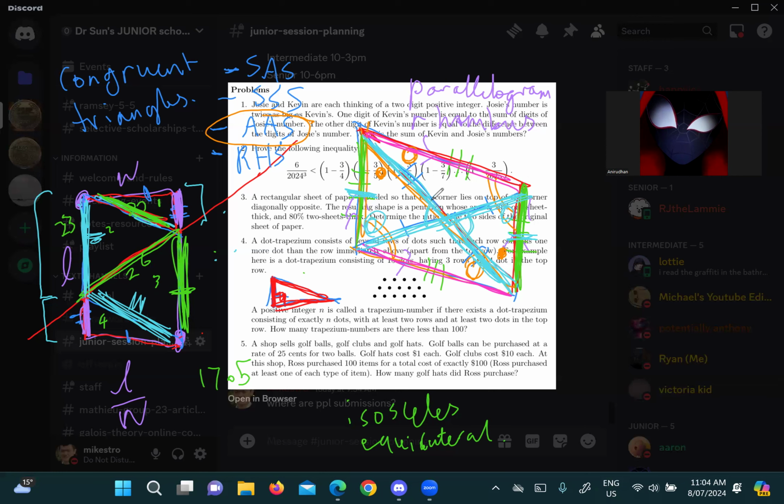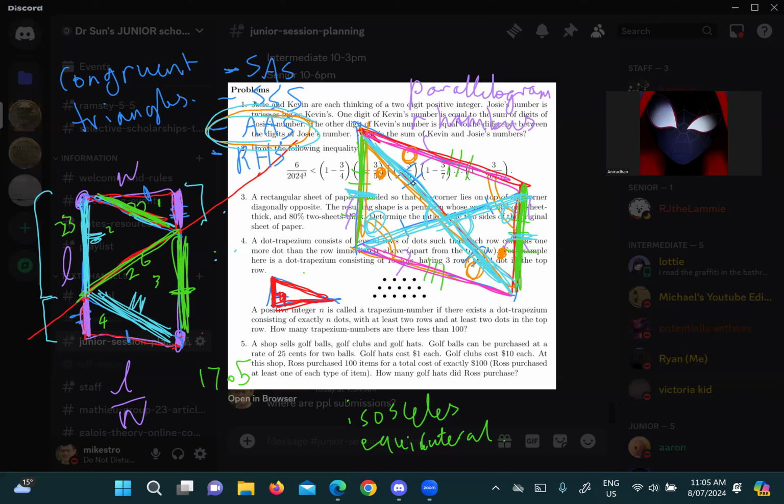That means the two blue triangles are congruent, and this is again angle side. And if the triangles are congruent, then the sides are equal as well.